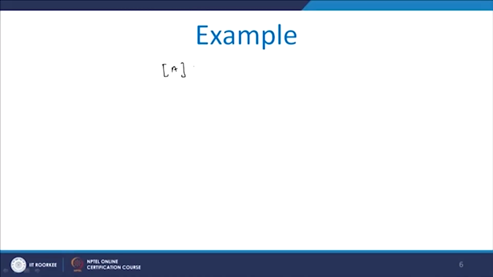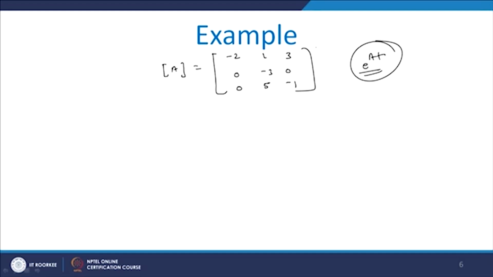Let us say a given matrix A is written as -2 1 3, 0 -3 0, 0 5 -1. This is the matrix A, and our main purpose is to determine e raised to A t. We have to use this diagonalization approach, and we have already seen the formula.